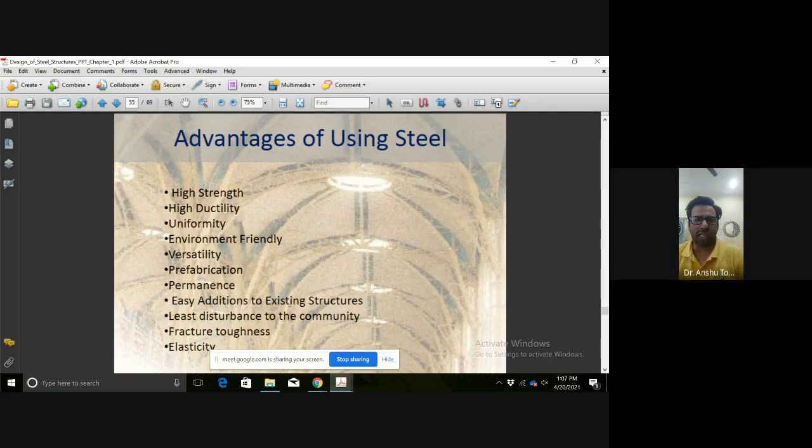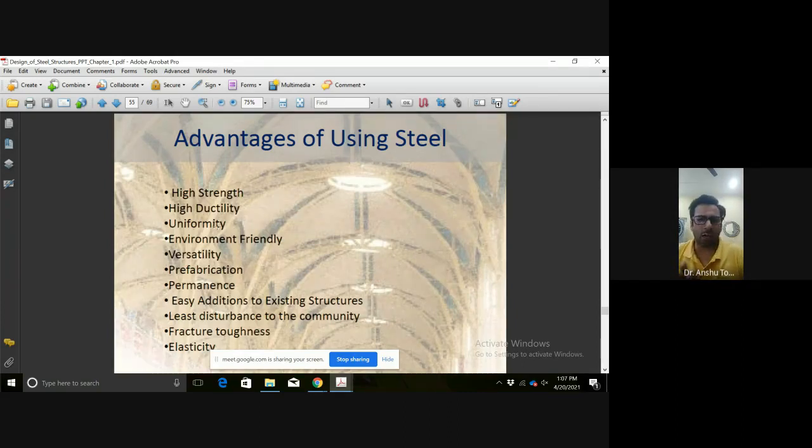So steel has the highest strength, whether in compression or tension. High ductility, uniformity. The distribution of stress or load carrying capacity is uniform because it is a highly homogeneous material.